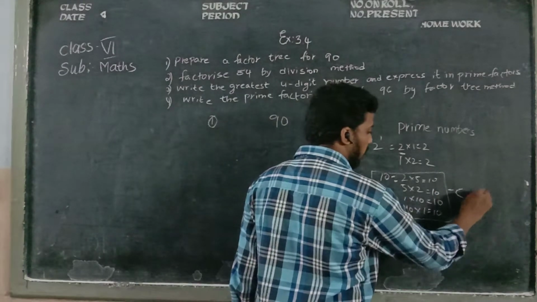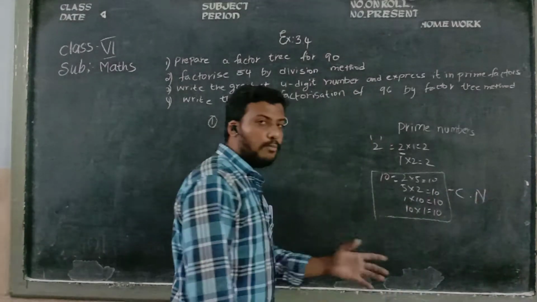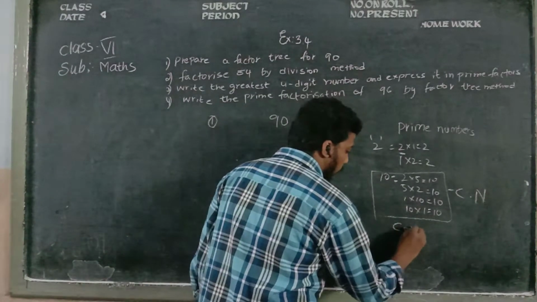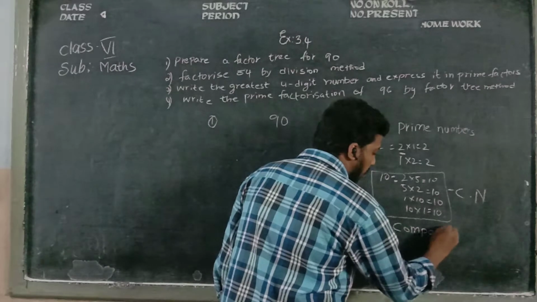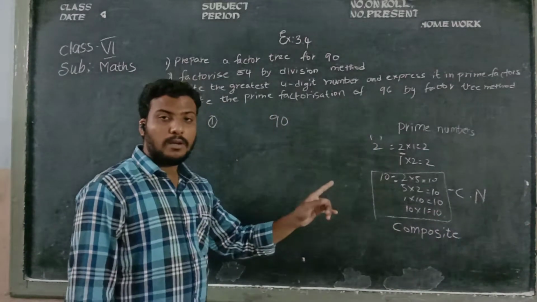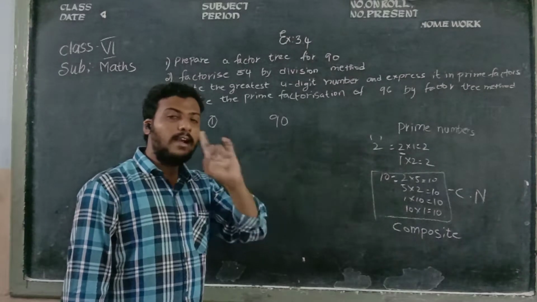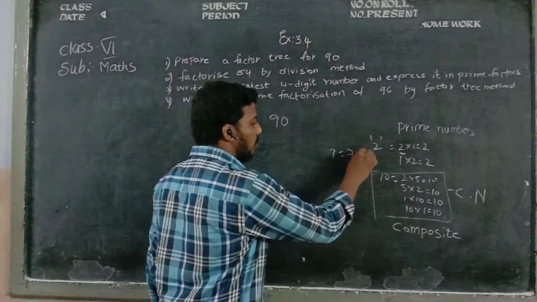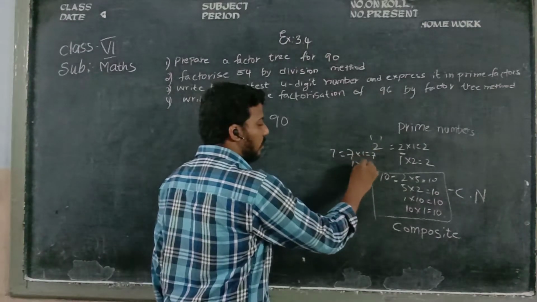I am writing it short as Cn, children. Cn is nothing but composite number. Composite numbers. Then what is a prime number? That number should divide by 1 and itself. Understand, children? Take 7, one more example. 7 into 1 is 7, 1 into 7 is 7.